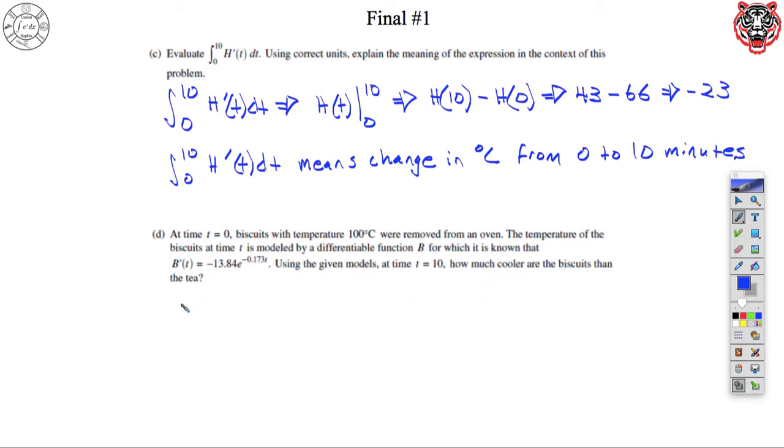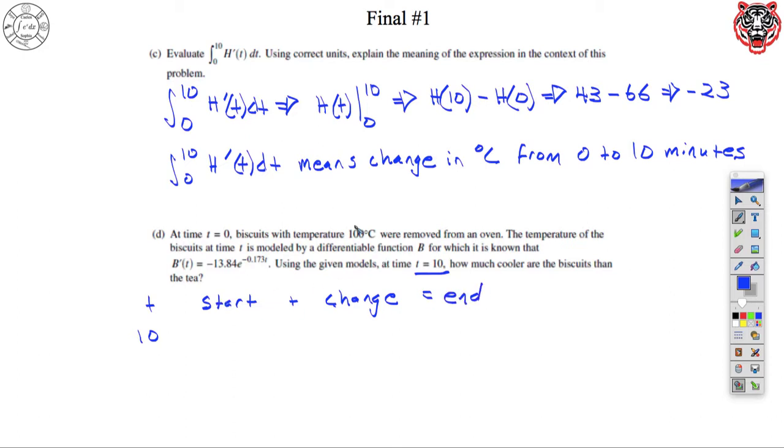Let's first figure out what's going on here. Let's figure out what the biscuits are at time equals 10. This is a totally unrelated problem. This is biscuits, and then all of the stuff up above was t. So when we do this, we are going to do b at 10. We're going to do start plus change, and that will equal our end.